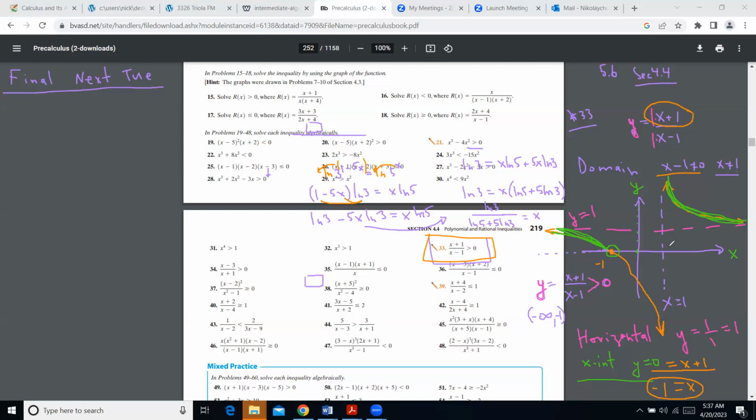And the other piece starts here with respect to the x-axis, and it goes from 1 all the way to the right, all the way to infinity, and I take the union of these two regions. So once you graphed, then you can see what part of the graph is above the x-axis, because y is greater, which means it's above.